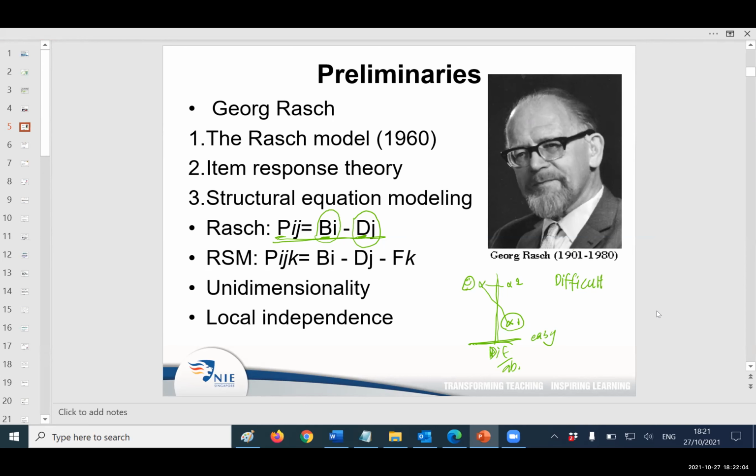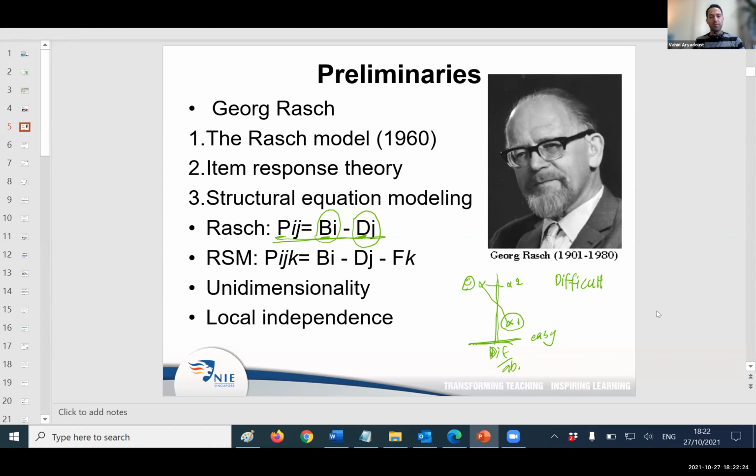Question one. Exactly, in the same way. Because it's easy, so it has a higher probability to be answered correctly. And that's the whole idea. That's all the mathematics we want to talk about today, really. So we won't talk about math anymore. We just talk about the practicalities and how to use Rasch measurement, okay?